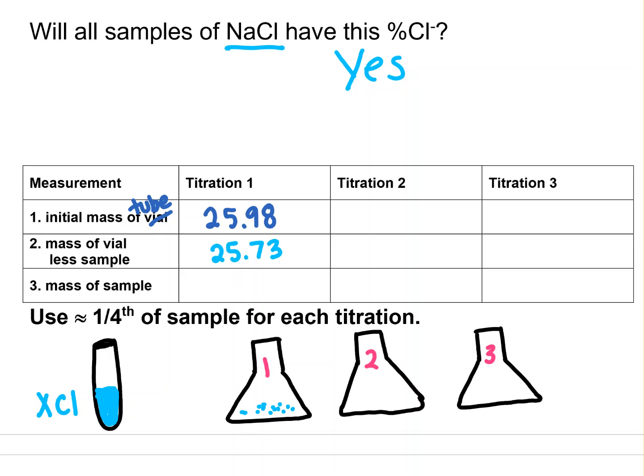Okay, and then whatever mass that is, you can take that number and put it here. That's its mass before you sprinkle in the second one. And whatever mass you get, you weigh again. So you're weighing in between each one.